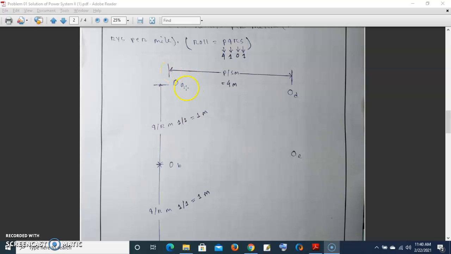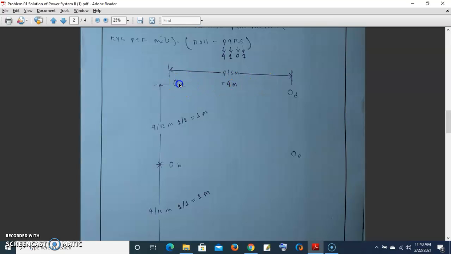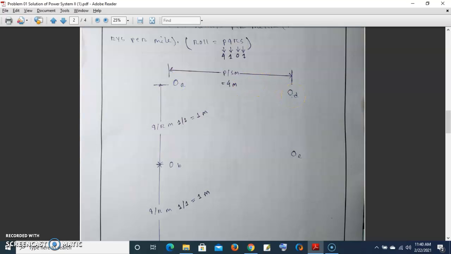The distance AD is 4 meter. Q is 1 and R is 0, but 1 divided by 0 gives infinity, so I divide 1 by 1 and the result is 1 meter.